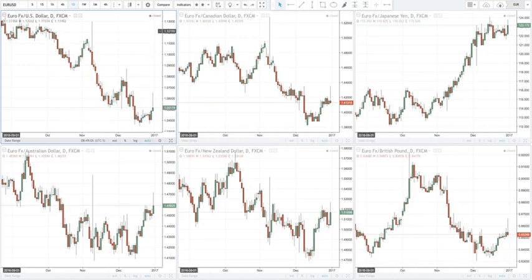For example, it was hardcore downtrend, then uptrend, then downtrend. But if I look at EuroCAD, it was in a range for some time, and now it's in a downtrend. So which one do I take? Avoiding conflict like that, like Euro Yen, uptrend or currently range. Well, which one is it? So you want to keep that in mind.